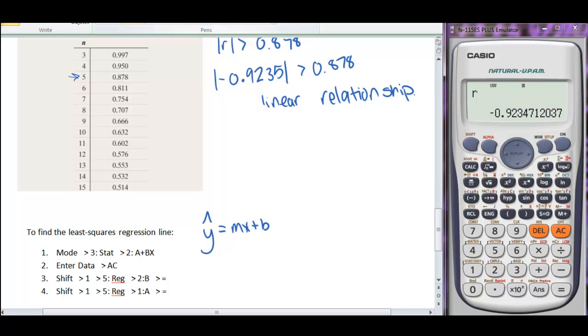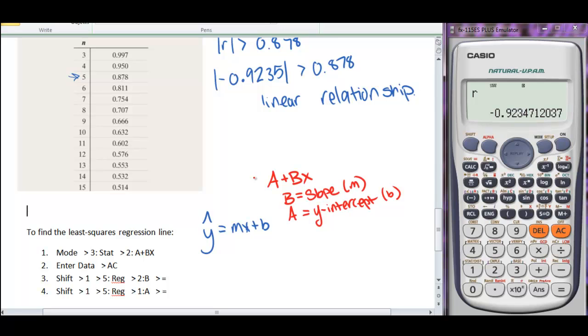So we need to be thinking about this a plus bx, because what that means is that b is going to be our slope, or our m, and that the a is going to be our y-intercept, or our lowercase b. So it's in backwards order from what we're used to.